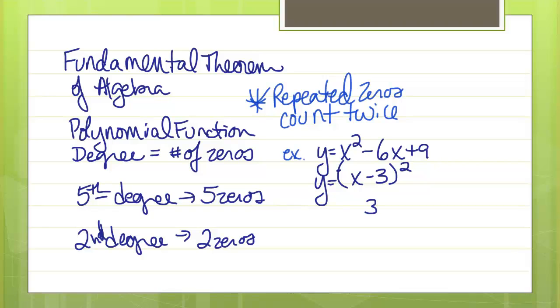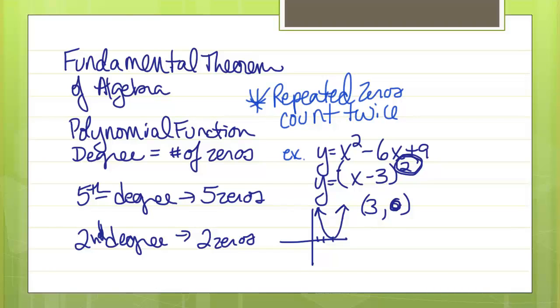So its only zero is 3. Its only x-intercept, the only place it touches the x-axis, is 3. But it doesn't pass through it. It just bounces off of it. So those end up getting counted twice. And the reason they get counted twice is they take care of both of our degrees, in a sense.